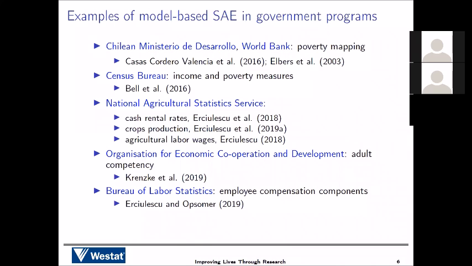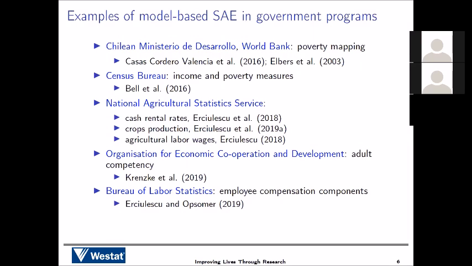So I would like to give some examples of model-based small area estimation approaches that have already been considered or implemented in some government programs. For example, the Chilean Ministerio de Desarrollo and the World Bank are using small area models to construct poverty mapping estimates. At the Census Bureau, a small area estimation model has been used for income and poverty measures.